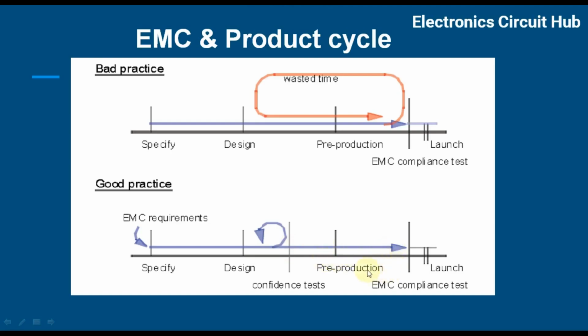You may say your product will comply with the EMC, right. If you do something here at design stage, you will have confidence in the test, right. So you have to follow the good practice. You do not need to follow this bad practice, right?